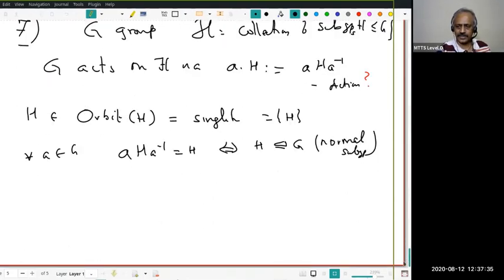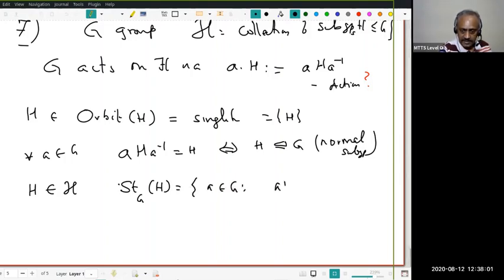Once you have understood, the next thing is easy. Now H is arbitrary. What do I want? I want to know the stabilizer of the subgroup H. So what does that mean? I want the set of all A such that A H A inverse equals H. See, now you are concentrating on A in G such that A H A inverse equals H. That is a set of elements of G. We know it's a subgroup.